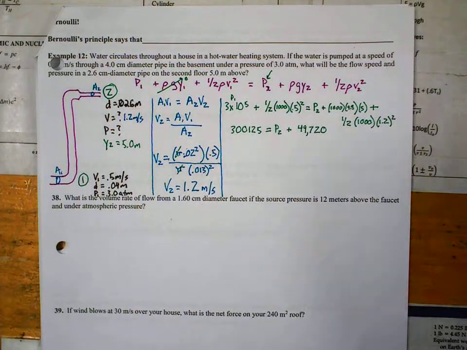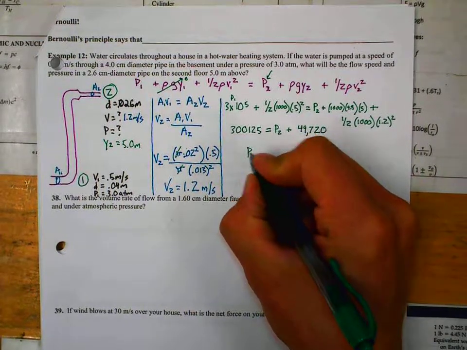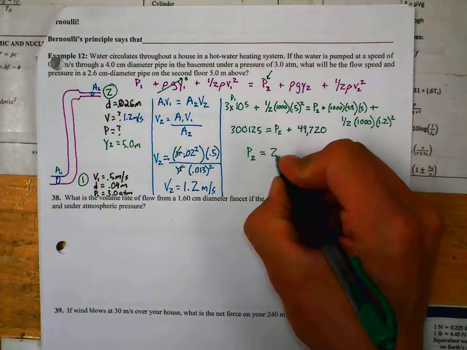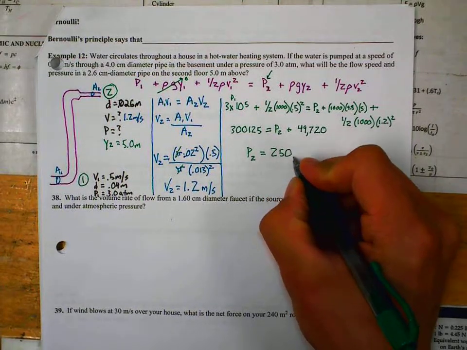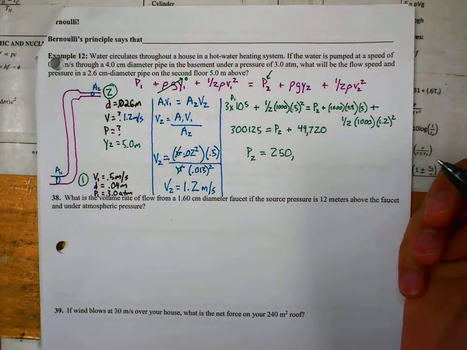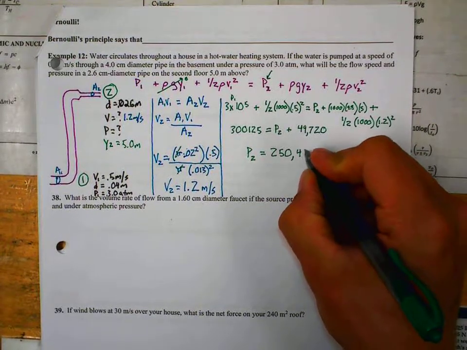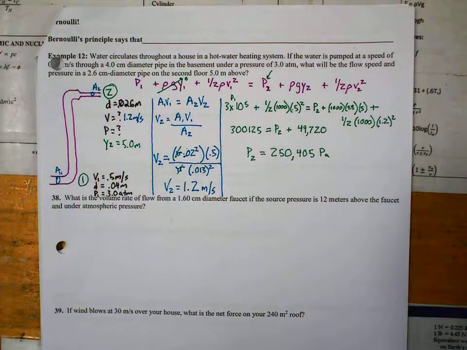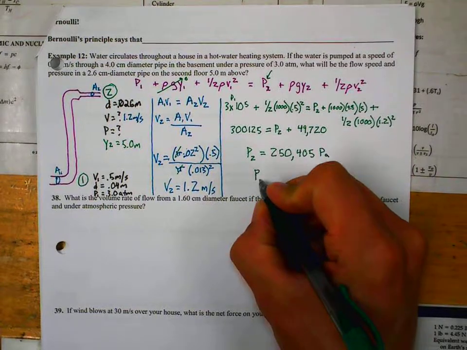And then we just need to subtract and get P2. 250,405. That's pascals. Okay, let's round that for sig figs.